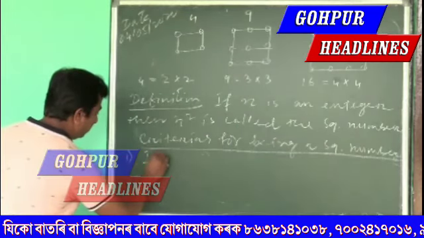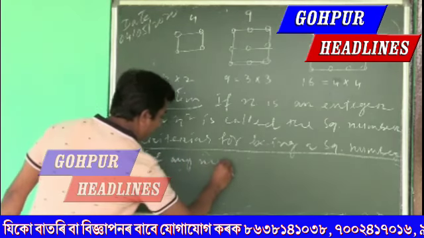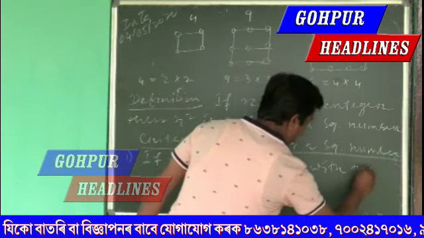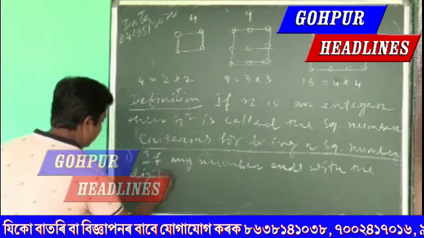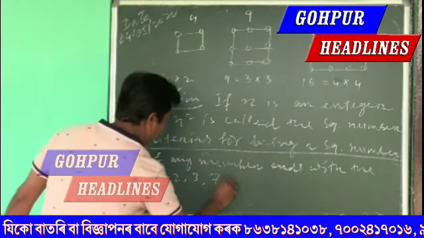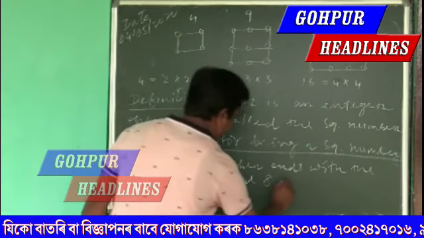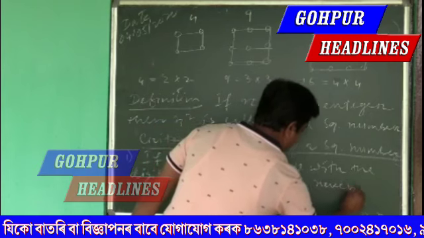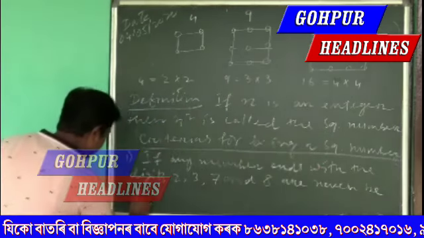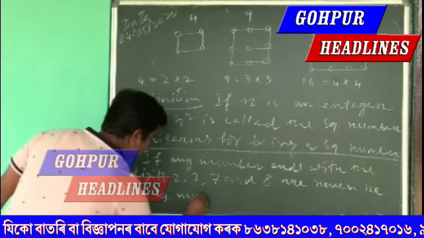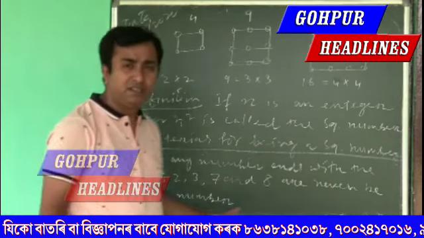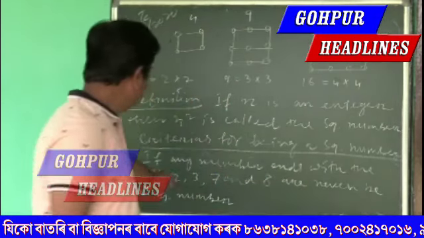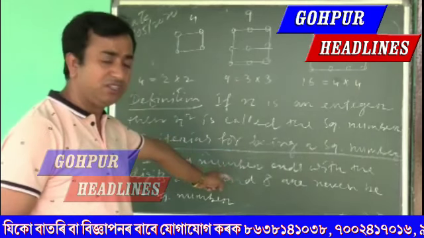So if any number ends with the digits 2, 3, 7 and 8, it can never be a square number. Right? You got it?